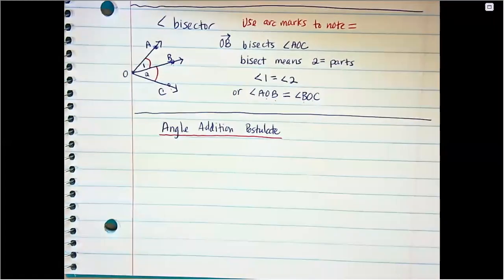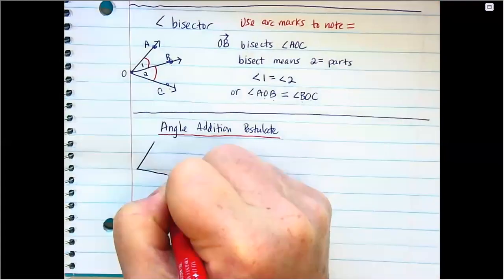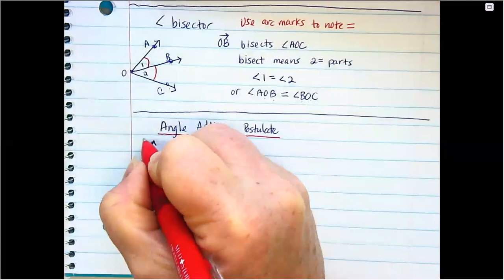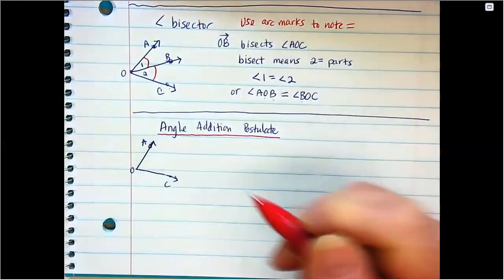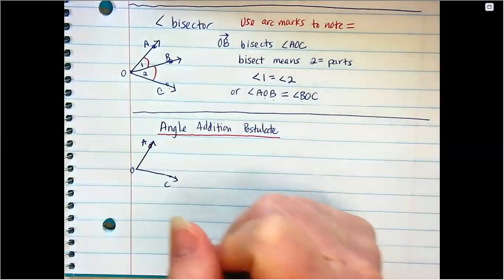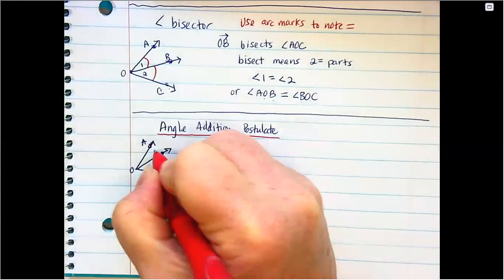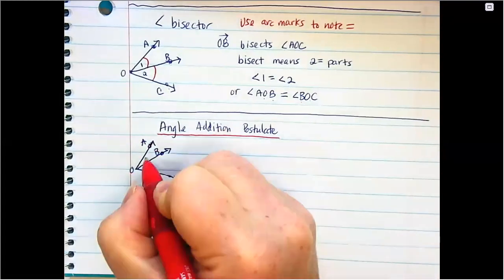And just like our midpoint or segment addition, we're going to take one part plus the other part and get the whole. Let's draw another angle AOC. This time we're going to put ray OB in it, but not in the middle. Make it closer to one than the other, because I don't want it to seem like it's equal. And I'm still going to call them angle 1 and angle 2.